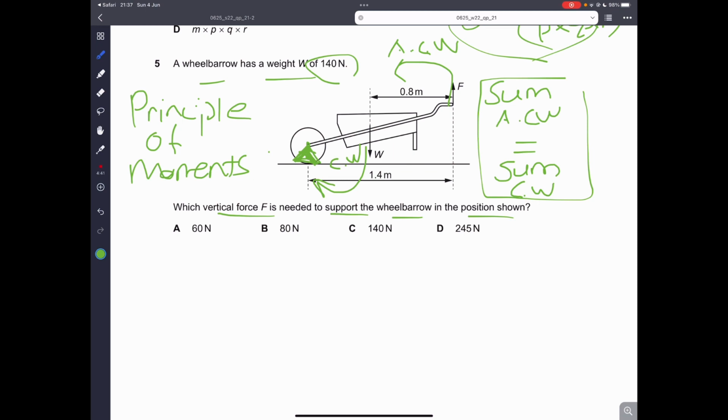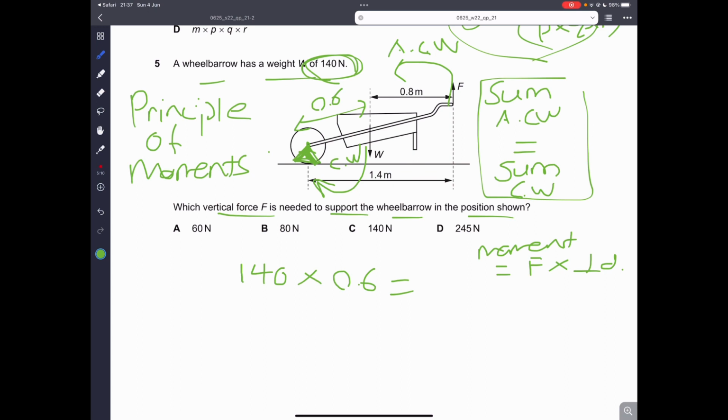Okay, so 140 is the weight of the mass, and moment, remember, is force times perpendicular distance. The force of weight W is 140 newtons, and this is going to be multiplied by 0.6, because the distance from the pivot is 0.6 meters.